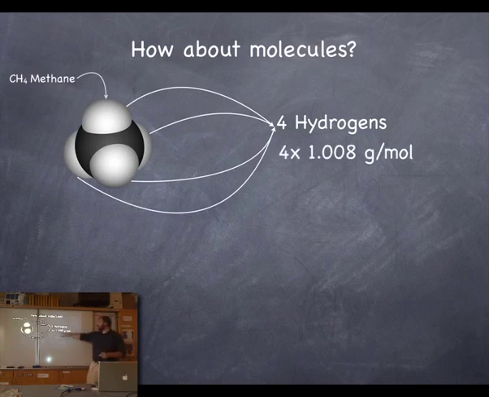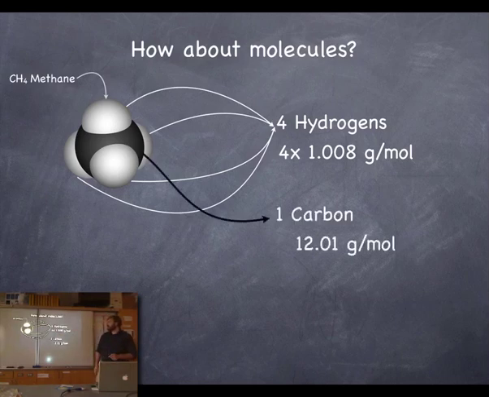Well, we know that each hydrogen is 1.008 grams per mole. I have 4 of them, and in my methane molecule I also have 1 carbon. That carbon is 12.01.